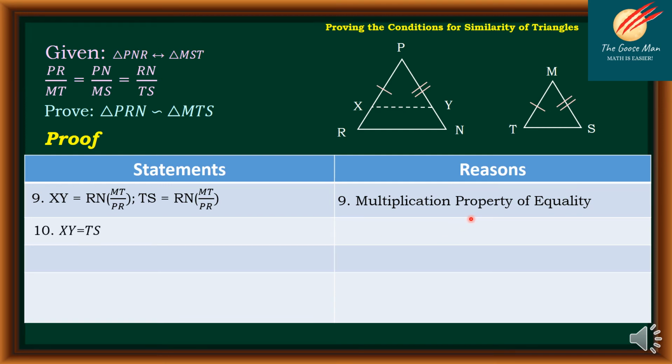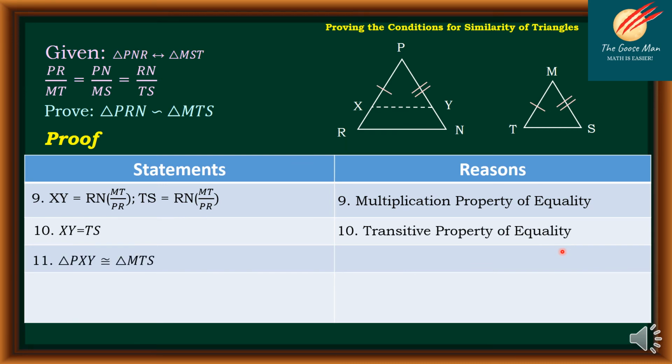For number 10, we can say that XY is equal to TS. We can factor this one out since RN times MT all over PR is the same as this expression also. So we use the transitive property of equality.